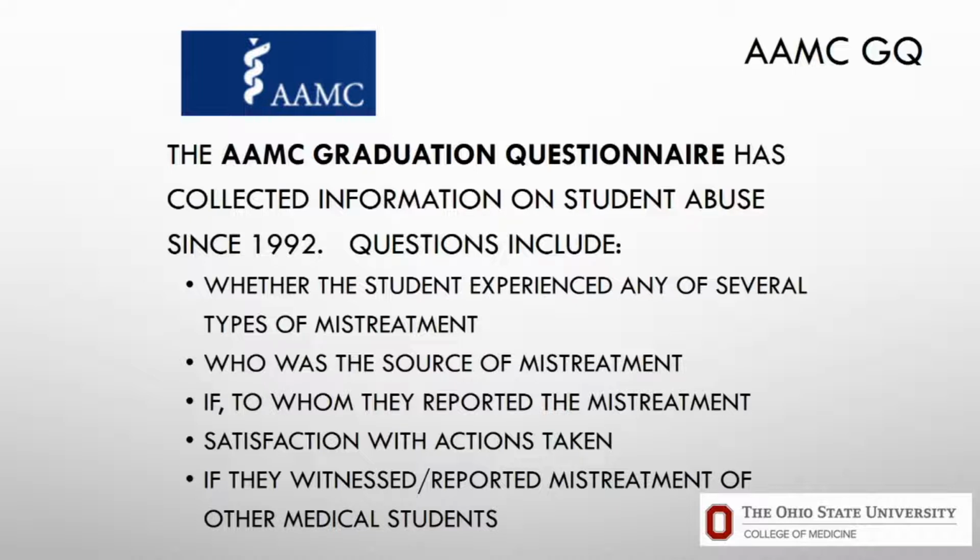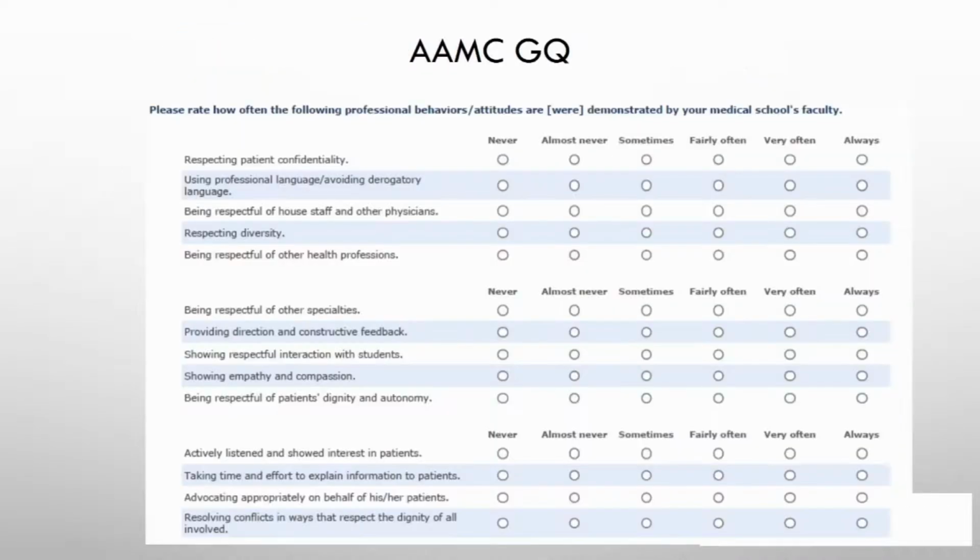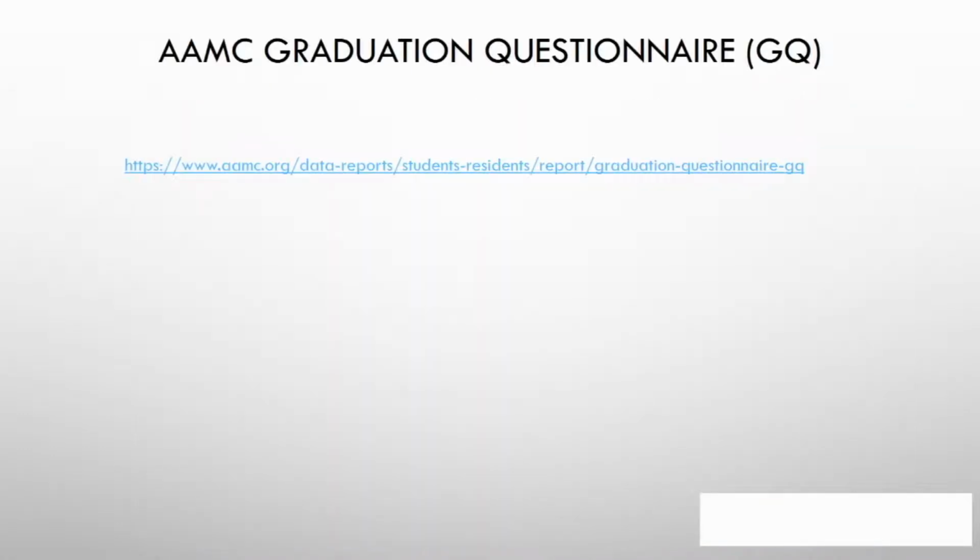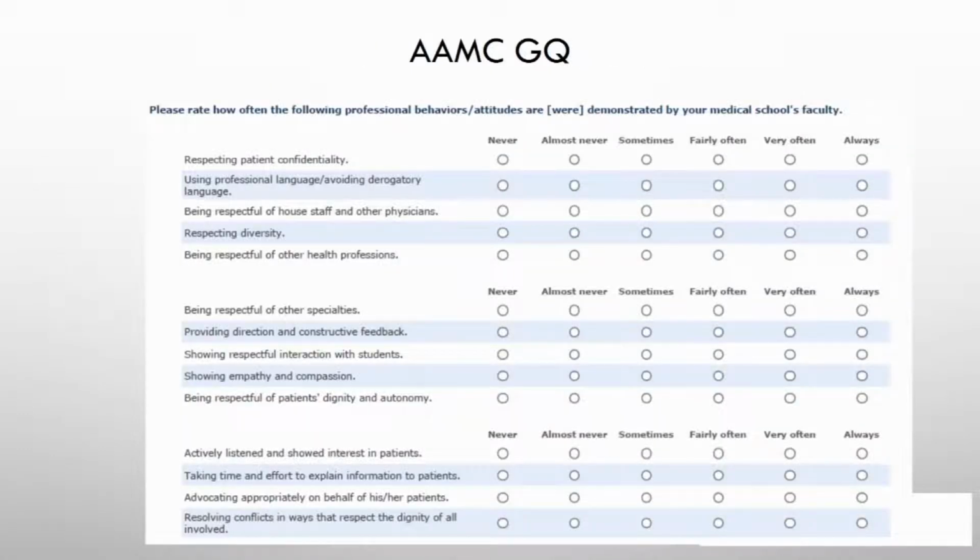It identifies who is mistreated, who did the mistreatment, what actions were taken, etc. Here's a link to it if you have access to these slides later. And you can see it's pretty robust as to the types of questions that are involved. Respecting diversity, showing empathy and compassion, etc.